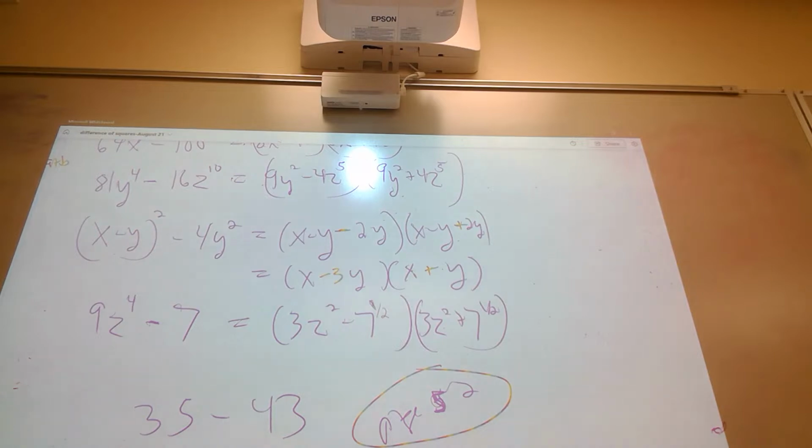So you're taking the square root of the first term, the square root of the second term, plugging it into the equation x minus y times x plus y.